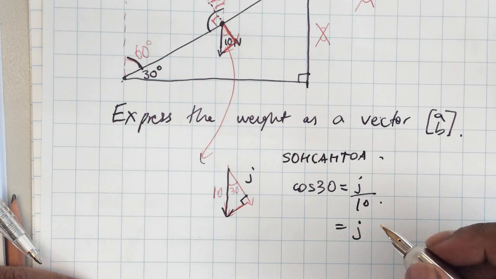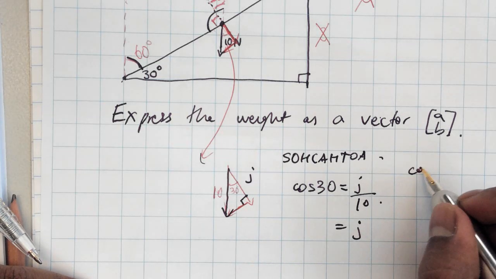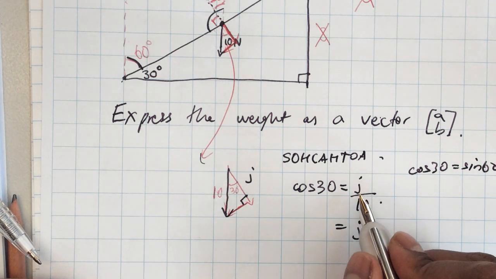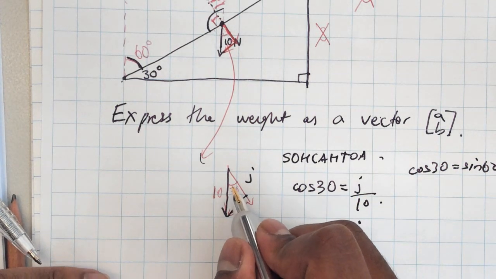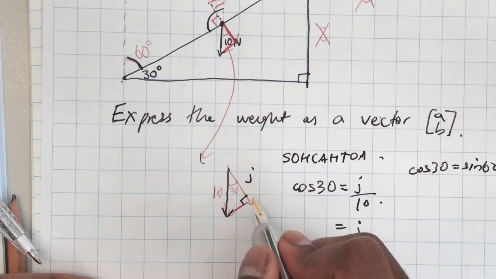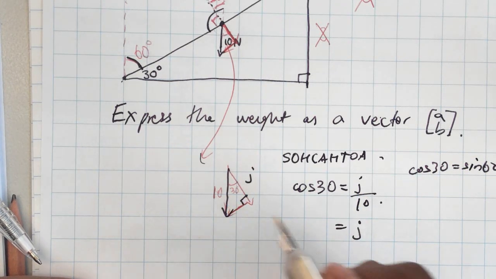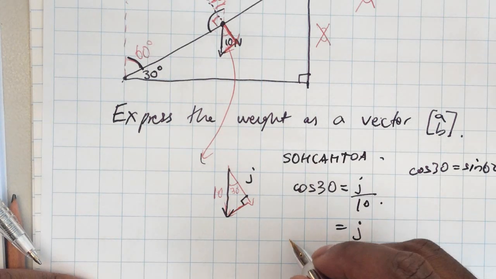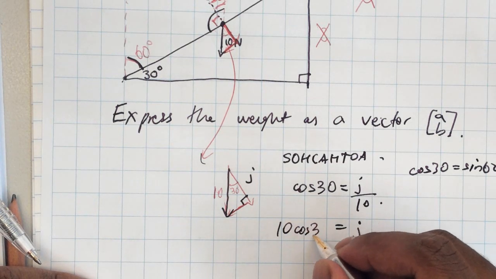You could also use sine 60 because cos 30 equals sine 60. Even though it's a J, we're using cos because that's the angle that we're given, because we want to find that side. But if you wish, you can also find the 60 and do the same. So 10 cos 30 is the J.